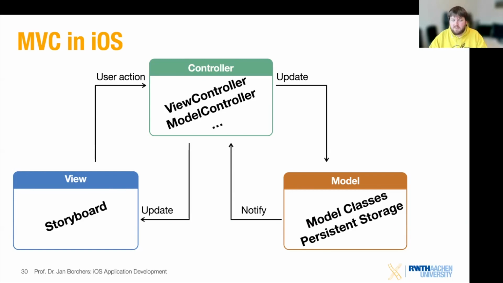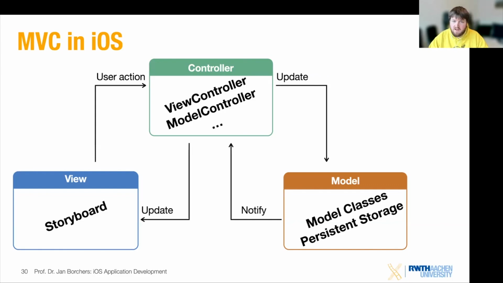So with this, I just want to give you an overview of where the specific iOS structures fit into this paradigm. For the view category, you have the storyboard that you set up in Interface Builder, and there you define how your UI looks. And if the user interacts with a button, for example, that is passed on to the view controller, taking the controller part in model view controller.